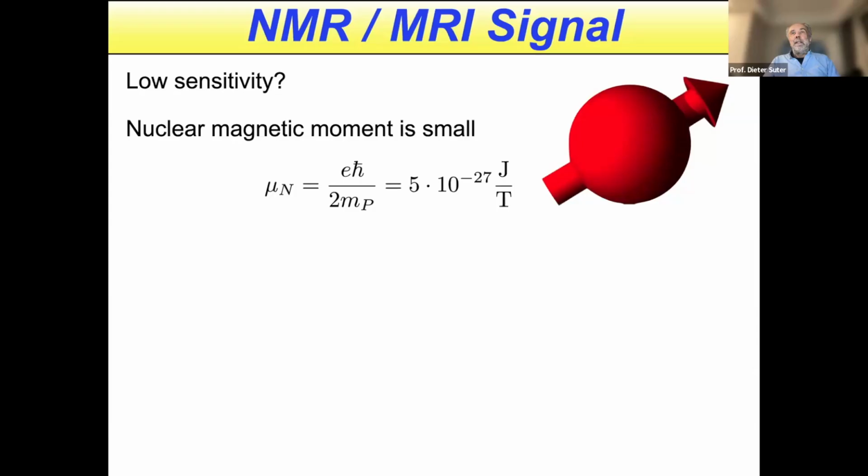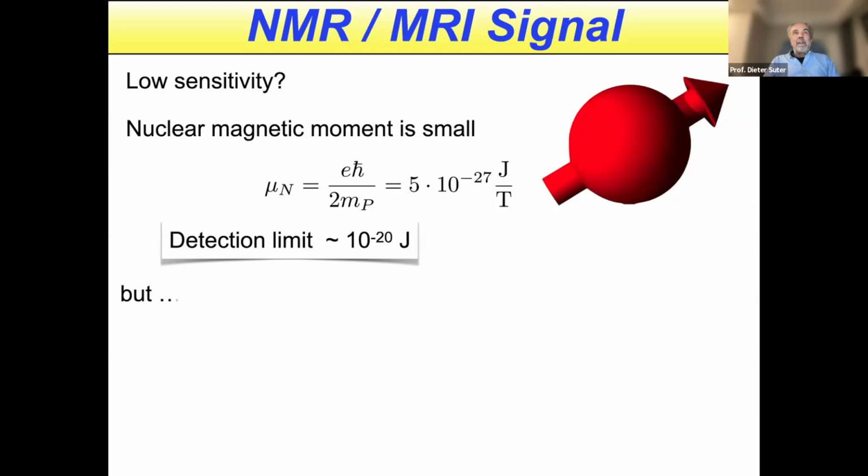In a Tesla field, the energy of a single proton is less than 10^-26 joule. That is about 1 million times less than the detection limit, which is determined by the thermal energy at room temperature, about 10^-20 joules.